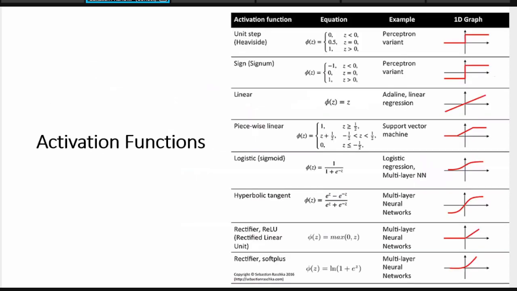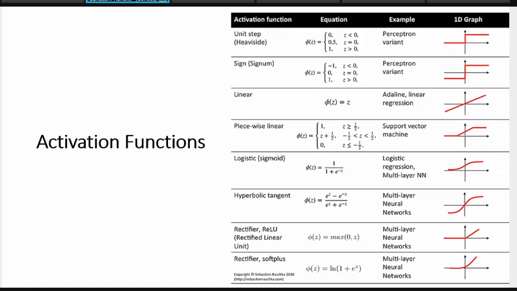These are some of the activation functions used in the literature, like sigmoid, linear, hyperbolic tangent, ReLU, and so on. People have tried different types of activation functions depending on the underlying task. If you are using any neural model, you have to use one of these activation functions depending on the underlying task.